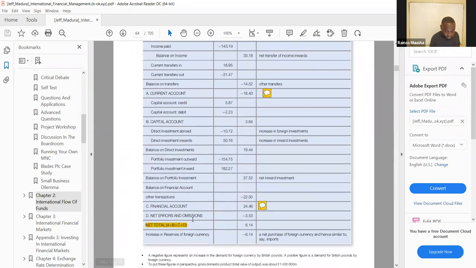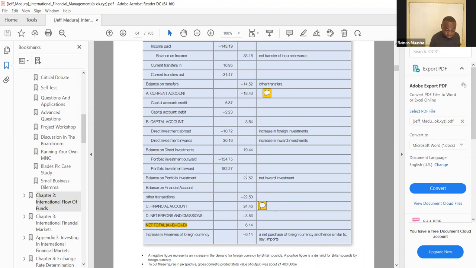We also look at balancing of the balance of payments account as well. They are giving us a situation where we can also try to correct for the error terms, which will give us the net effect on the balance of payments account. So just take note that the increase in reserves in foreign currency is a net purchase of foreign currency, hence similar to imports.